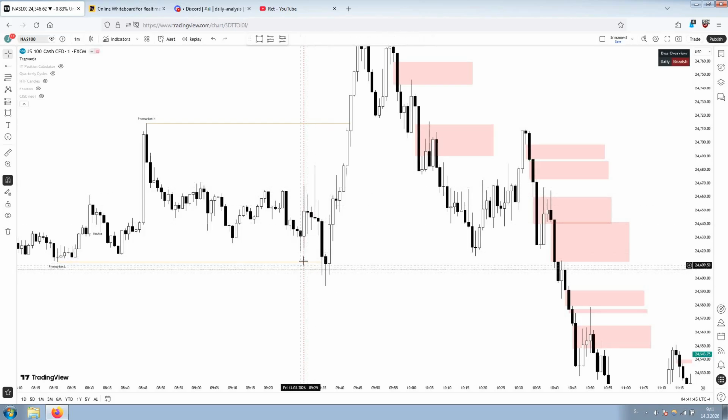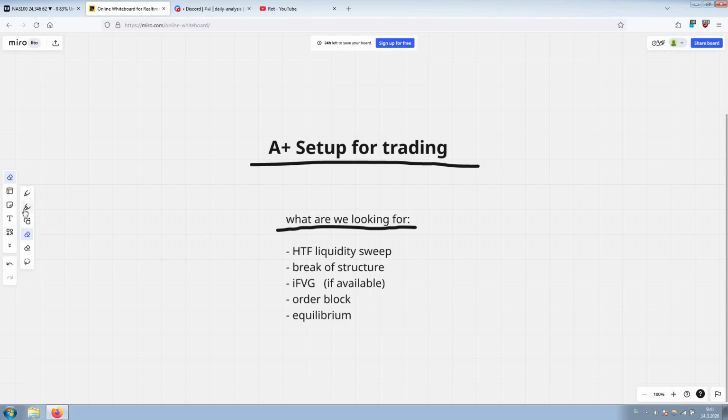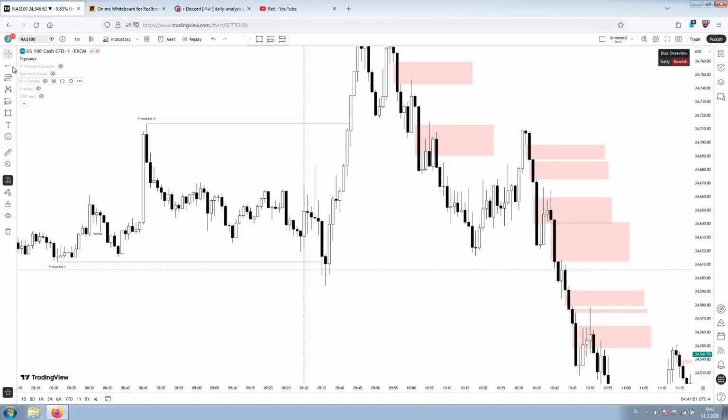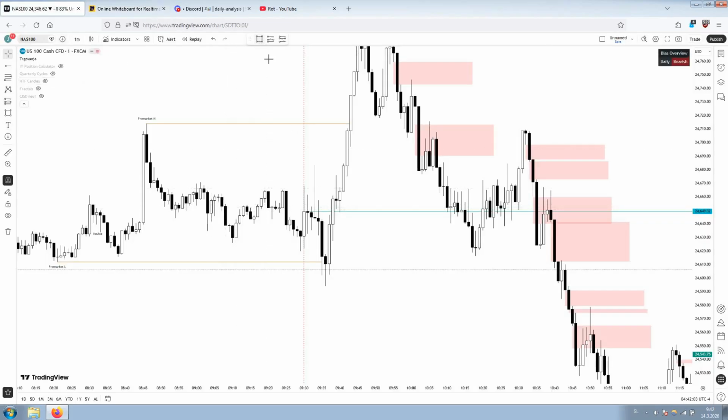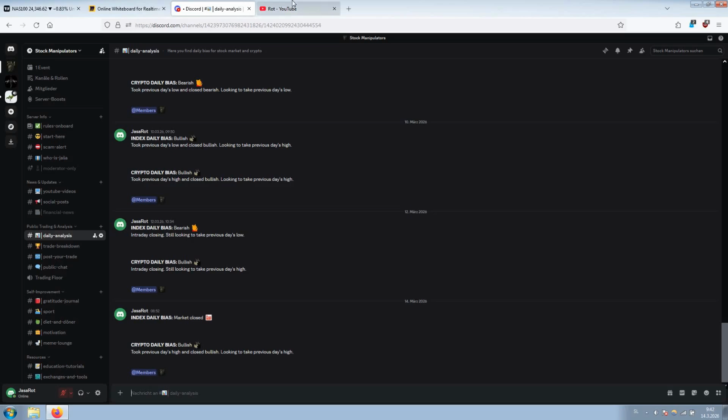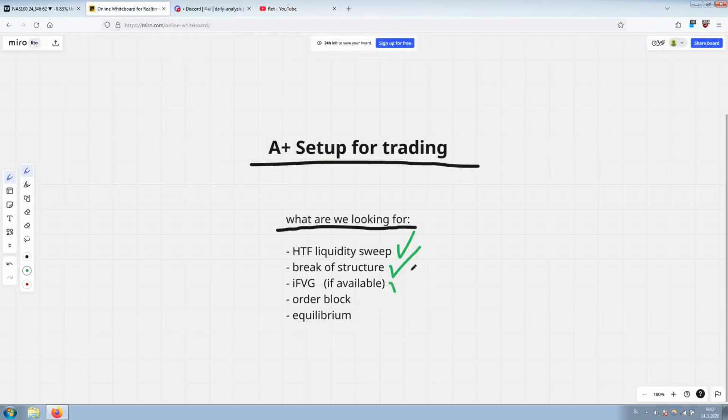You see, because we swept pre-market session low, so we have liquidity sweep. Where do we have break of structure? We have break of structure then over here with this white candle, okay? So we have break of structure. Do we have inverse fair value gap? Yes, we do. We have it like here. Oops, sorry. Yes, we do.